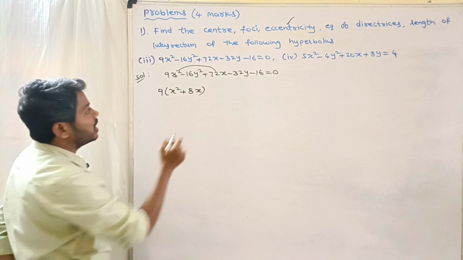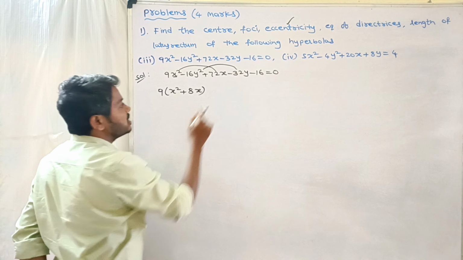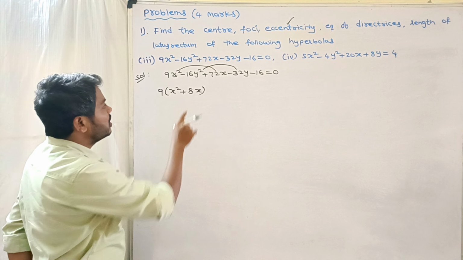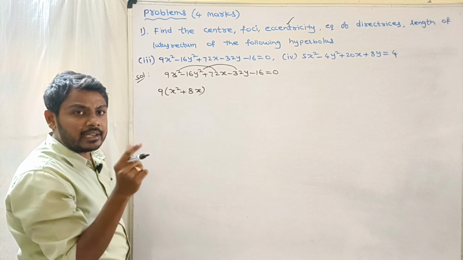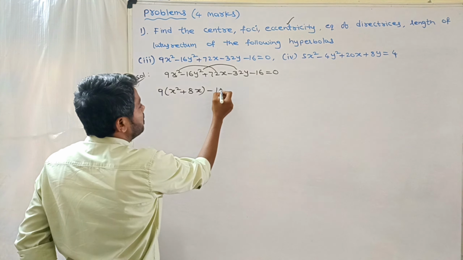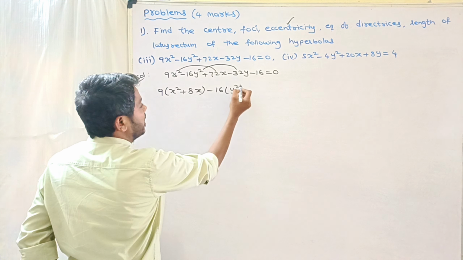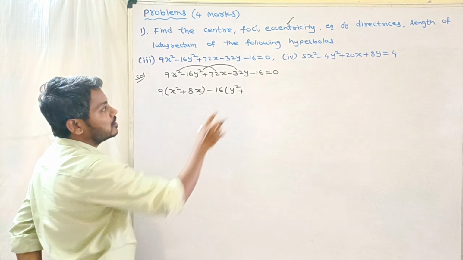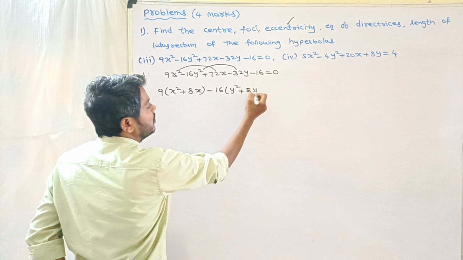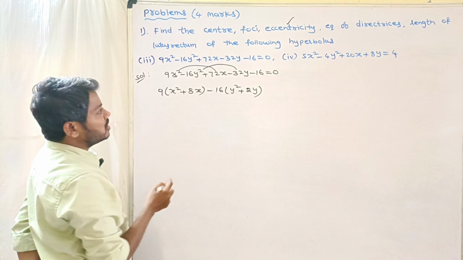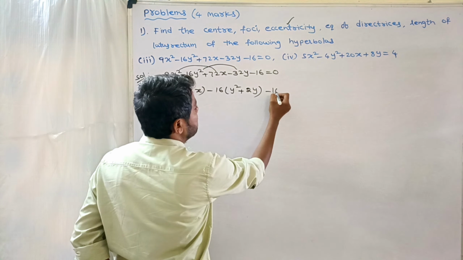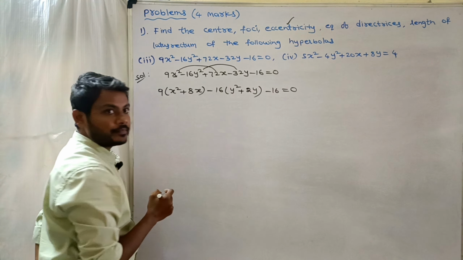And see the y² terms, minus 16y² minus 32y. What is the coefficient of y²? Minus 16. So minus 16 is common: (y² plus 2y). And what is the constant? Minus 16 equals to 0.